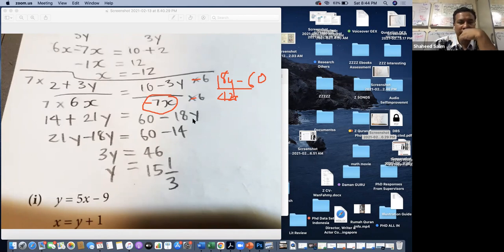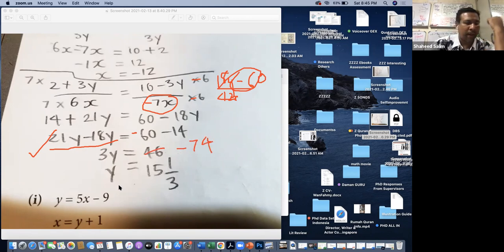So down here now, you bring over, it becomes minus 18y. This one is considered correct. Let's say now if we do it this way, you bring over the minus. And then down here now, 14, you bring over the minus 14, but this has a minus here because it's a minus 60 over here. So then you get, down here you get minus 74 equals to 3y, y equals to, you try 74 divided by 3, what do you get?